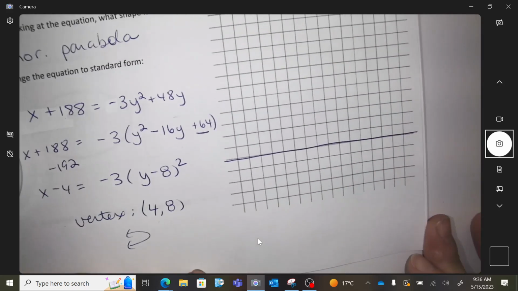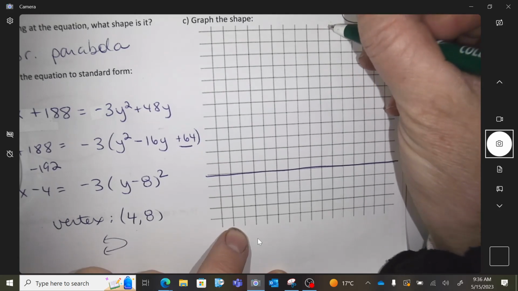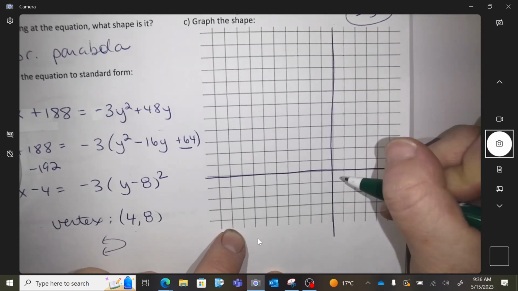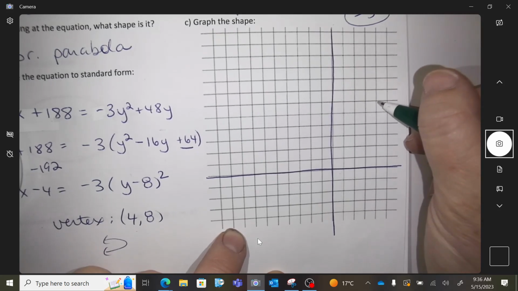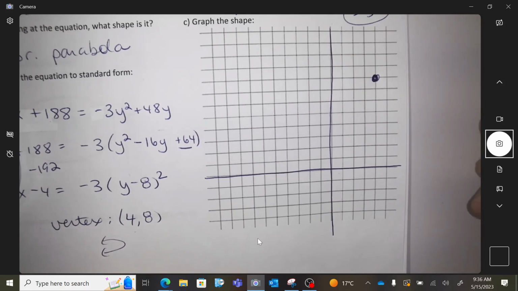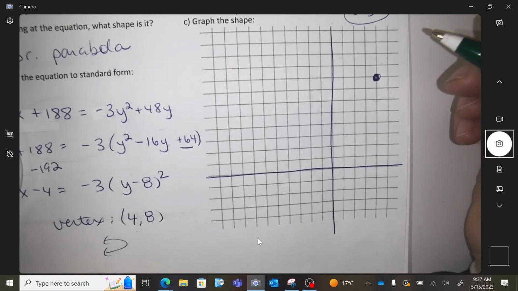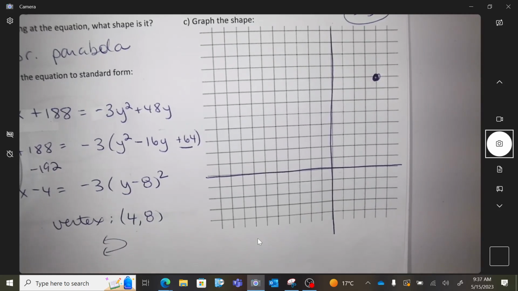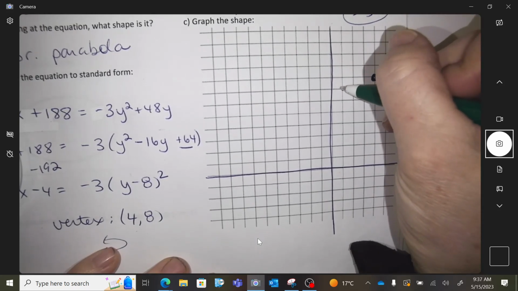So I'm going to draw my axis low. You can actually put a dot there. It doesn't need to be an X because it's part of the graph on the parabolas. And I'm going to do a maneuver of 1, 3. 1, 3.